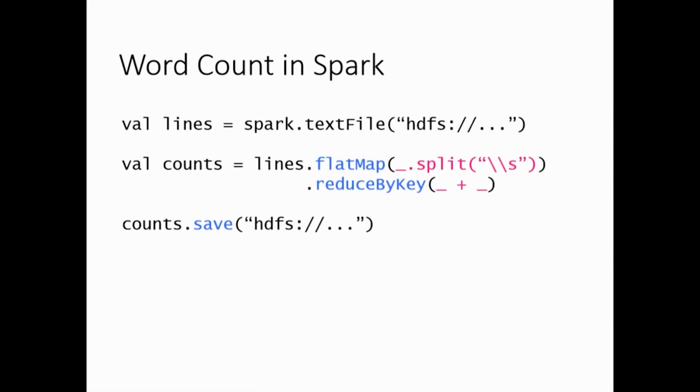You can just do a flat map, and the flat map would generate just the key. Value is by default 1 for everything, and then you do reduce by key as the add. So that is a simple way of doing word count.